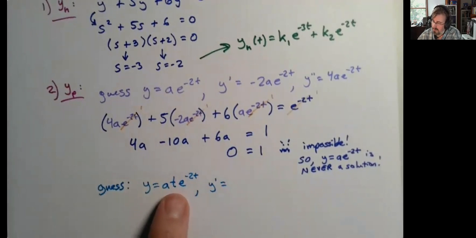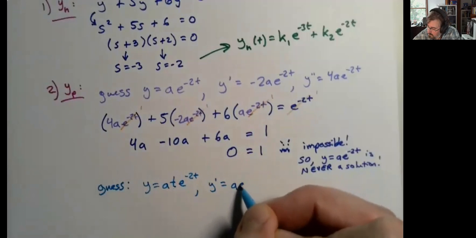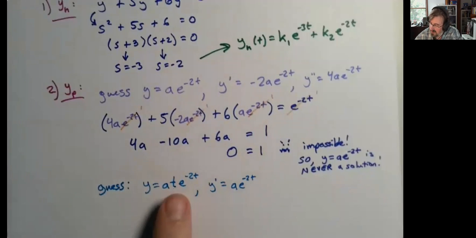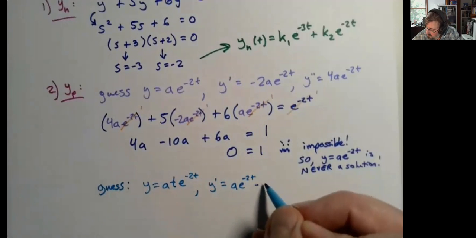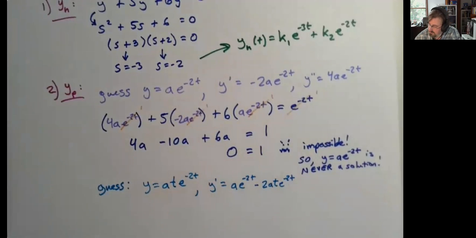The first term is when we take the derivative with respect to t and I focus on the first factor, so it's just going to be a e to the minus 2t. The second term is going to be a times t times this thing's derivative, so it's going to be minus 2a t e to the minus 2t.